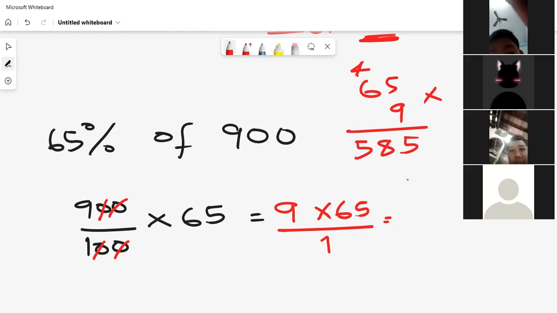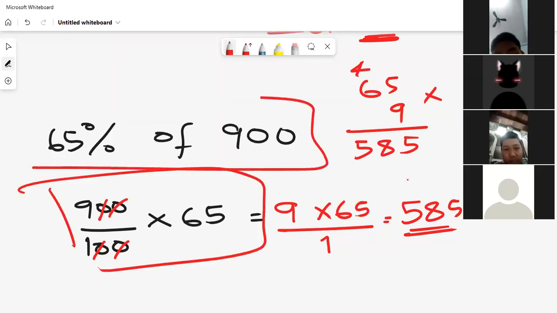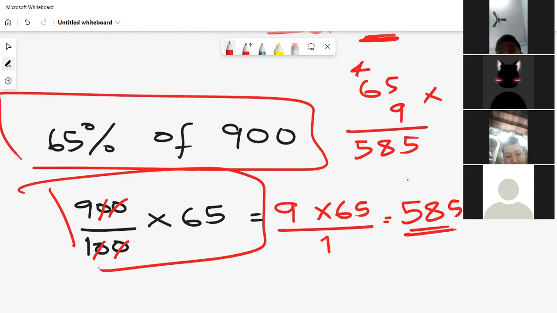Oh, teacher is wrong. I answered wrong. So the answer is 585. Don't worry. Now I want you to master this one. If you see 65% of 900, it should be 900 over 100 times 65.